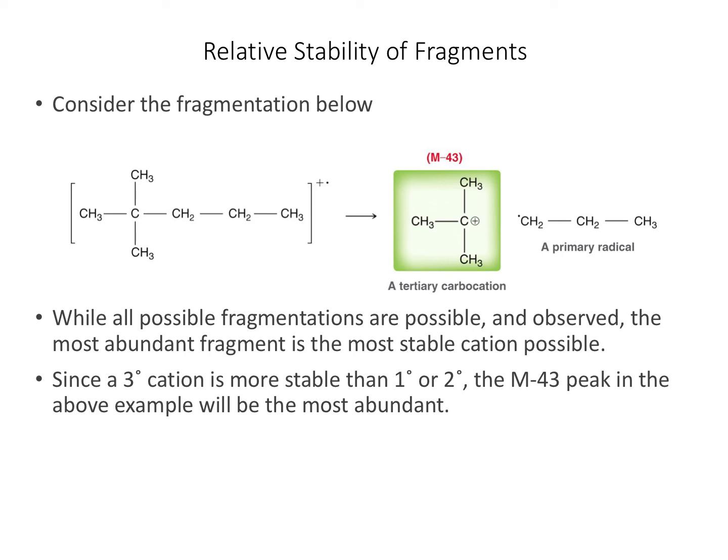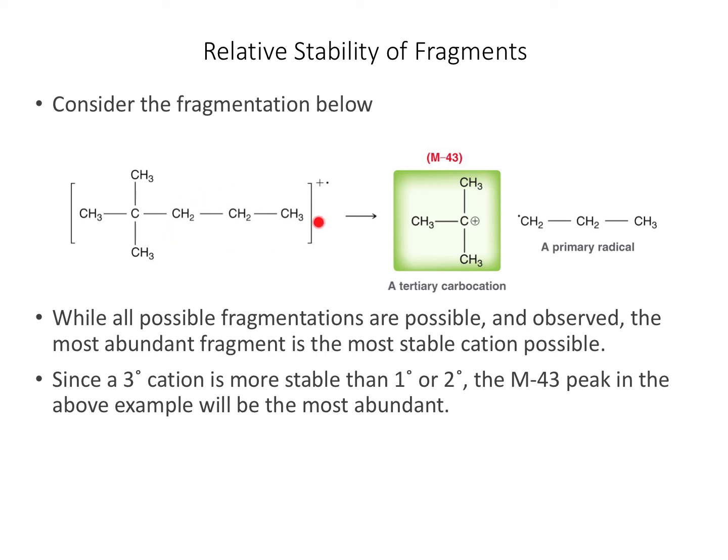But one thing that we're going to learn is that a tertiary carbocation is more stable than a primary or secondary carbocation. So if we ran a mass spectrum on this molecule, if we were to chop off this methyl, we'd have a positive charge on this carbon. It's connected to one other carbon, and so that would be a primary carbocation, which isn't very stable. If I chop off this ethyl, I'll still be left with a primary carbocation, which is not very stable.